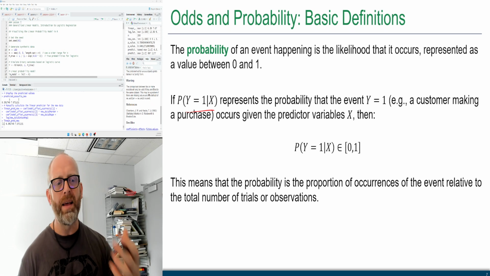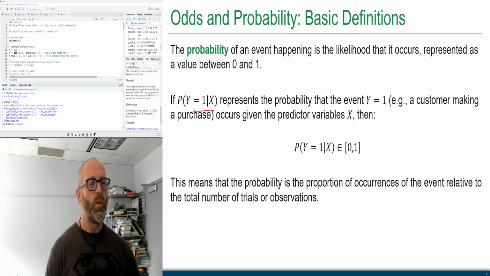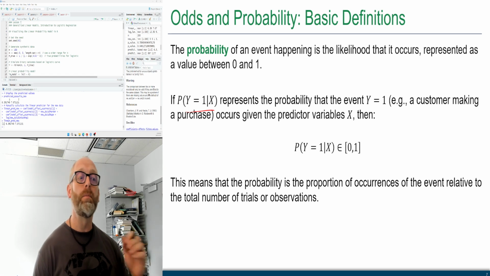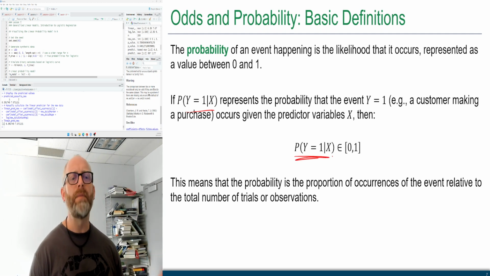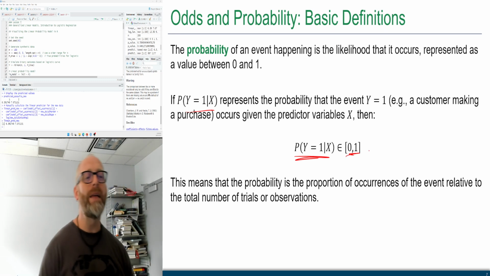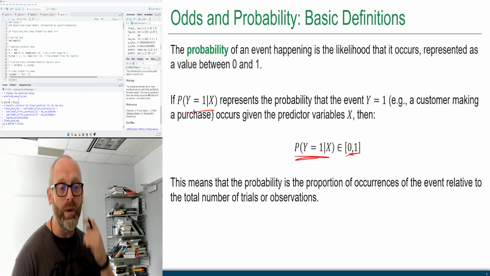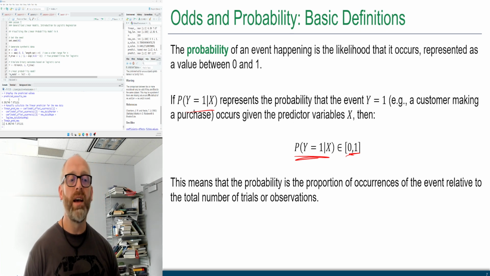X would be the different inputs that we are presenting to our model. This represents the probability that the event y equals 1, a customer making a purchase, occurs given the predictor variable x. All of the outcomes have to fall between 0 and 1. It can be 0, it can be 1, it can't be anything outside of that, but it can be everything in between. So the probability is a proportion of occurrence of the event relative to the number of trials or observations.